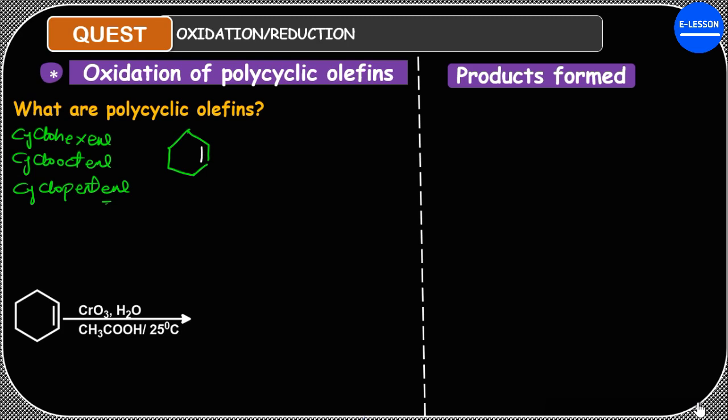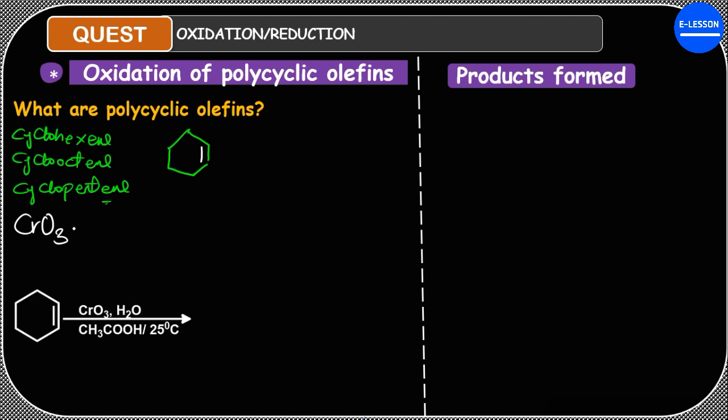Now, polycyclic olefins such as cyclohexene can be oxidized using chromium trioxide. We discussed chromium trioxide as one of the oxidizing agents initially, right? We said chromium trioxide is something like this, and the commercial name for it is sodium heptaoxodichromate, right?